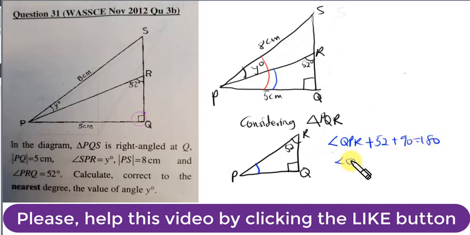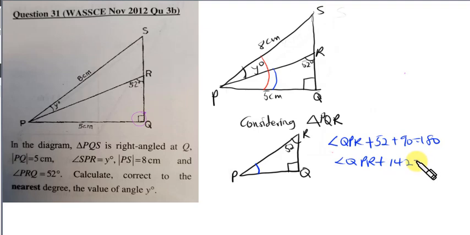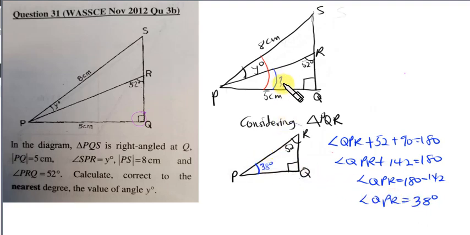So angle QPR plus 142 is equal to 180 degrees. So angle QPR will be equal to 180 minus 142. So angle QPR is going to be 38 degrees. The blue angle here is 38 degrees.